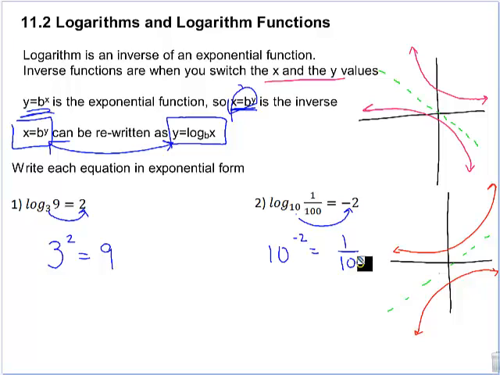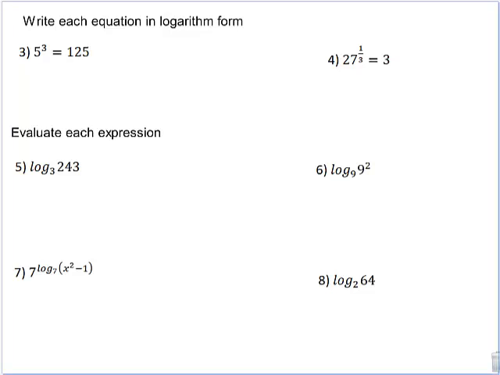So now we're going to go in reverse. I'm going to give you it in exponential form, and we need to write it as a logarithm. It doesn't matter if it's a fraction. Okay, so here's our exponential, and we want to rewrite it like a log.